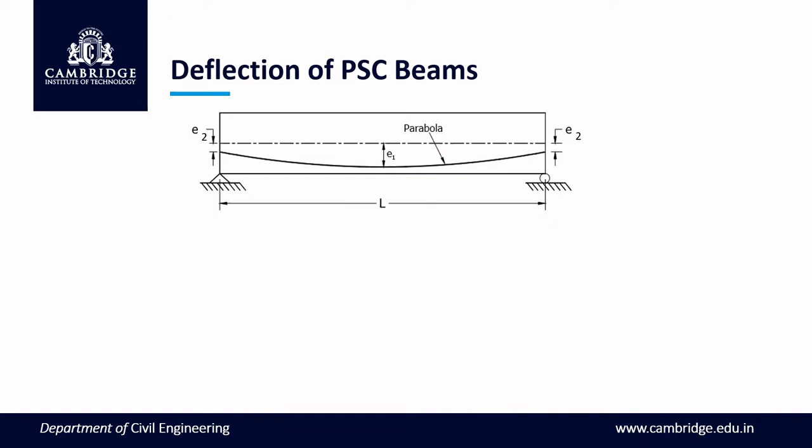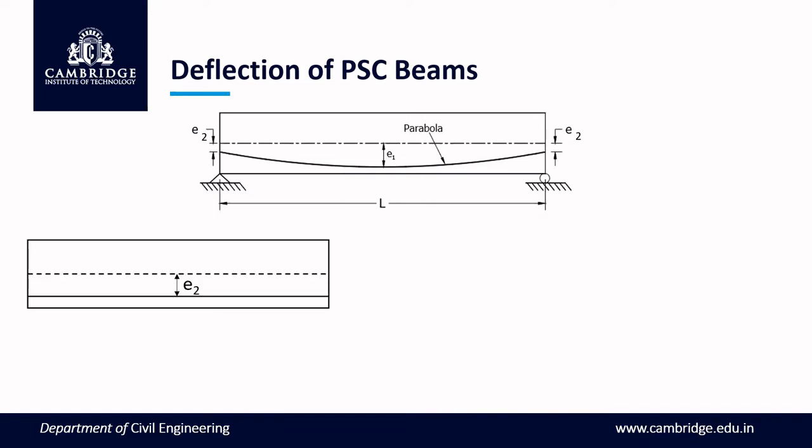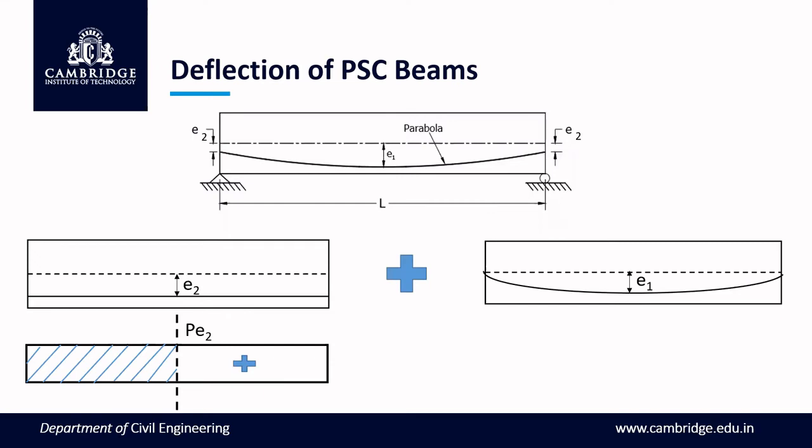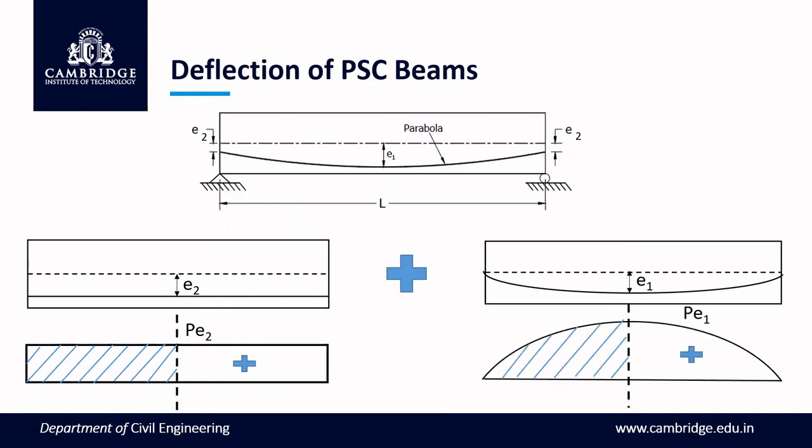Then we would divide it into two parts: a beam with a concentric tendon having an eccentricity E2, and then its moment area diagram is drawn, along with a beam which has a parabolic tendon having an eccentricity E1 at the center and 0 at the supports, whose moment area diagram would look like this.